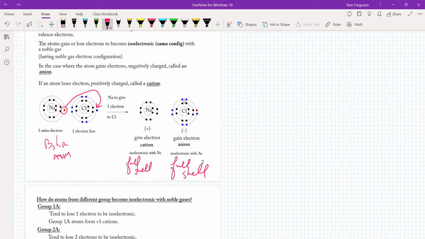Okay, and notice the core electrons don't do anything. They're in black.